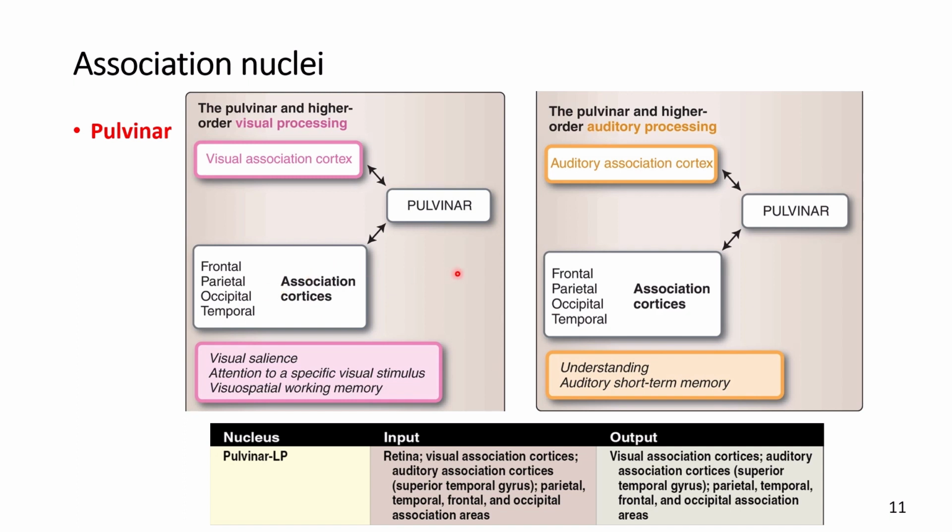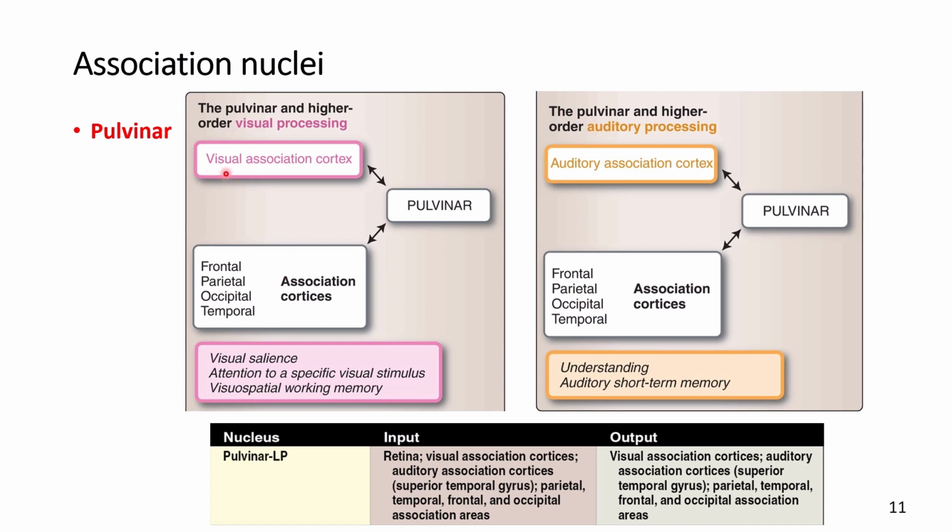Here, the pulvinar is important for both visual information and auditory information. It's bilaterally connected, with bilateral communication between the pulvinar and the visual association area, and the pulvinar is also connected with the other association areas in the brain.